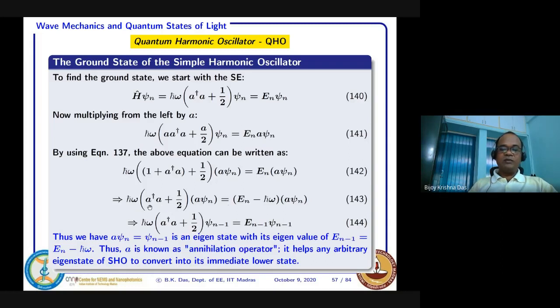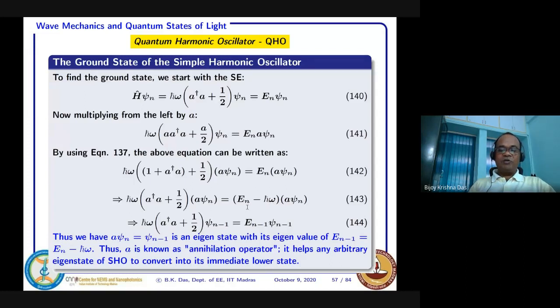And what is this? From equation 140, that is nothing but the Hamiltonian, right? So if this Hamiltonian operates on this, the same function comes back. That means A psi n is again an eigenfunction, and that eigenfunction has an eigenvalue h cut omega lower than En.